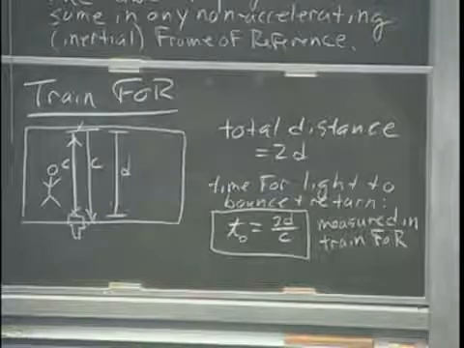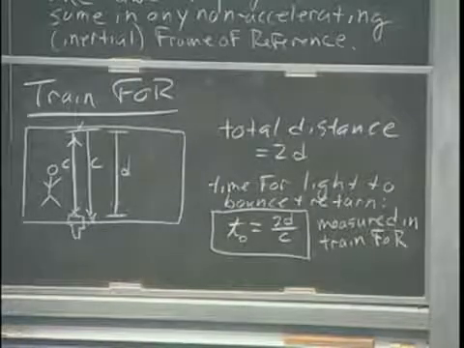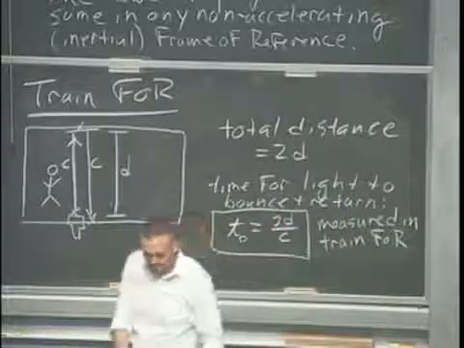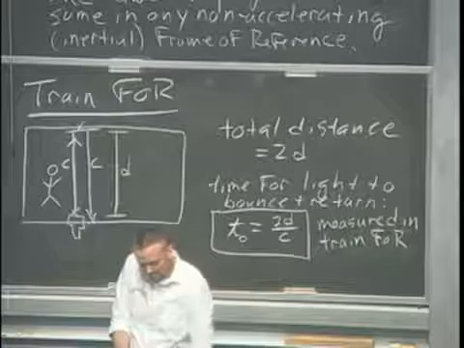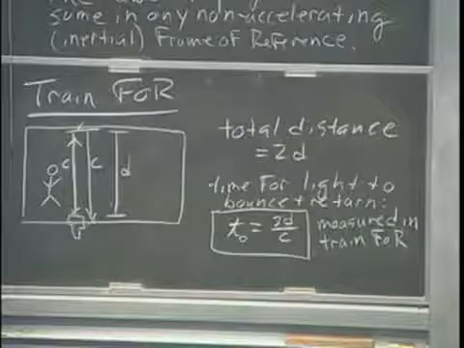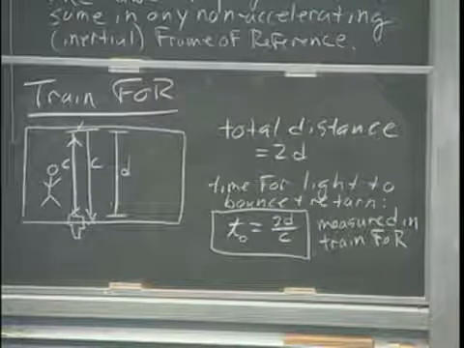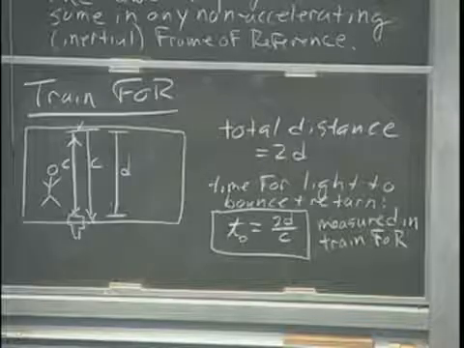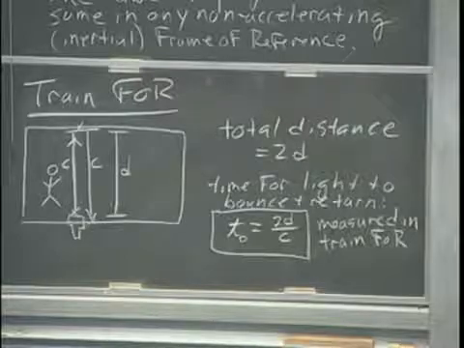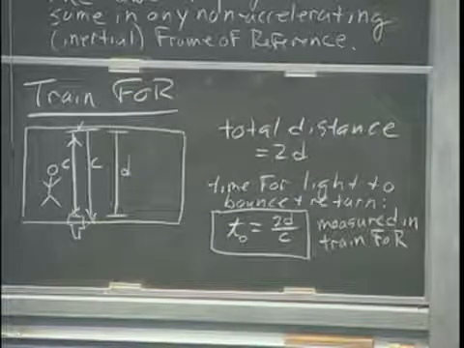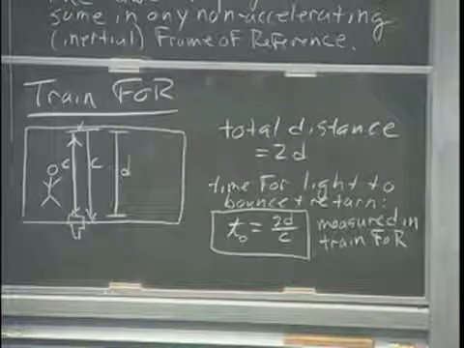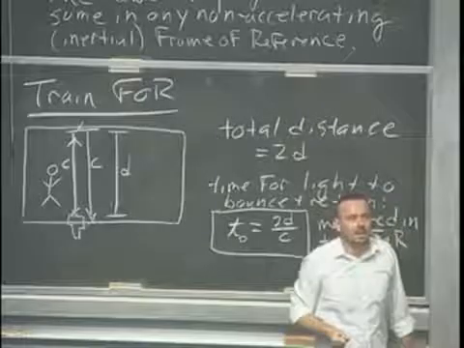So let's imagine that there is some time that it takes in this frame of reference for the light to travel. Let's call that t. So t is the total time for the light to go up and hit that ceiling, come back. Okay. Let's look at these distances. So this distance from the initial point to the point where the light hits the top.